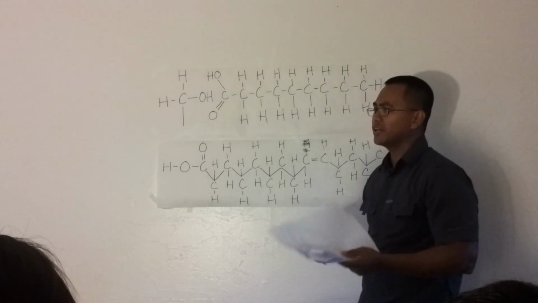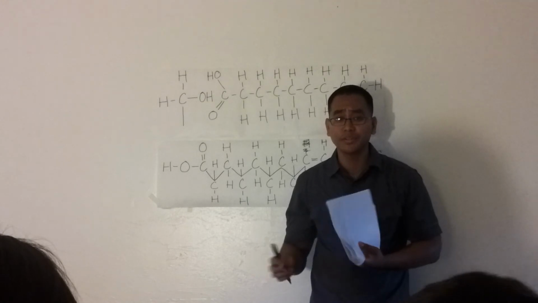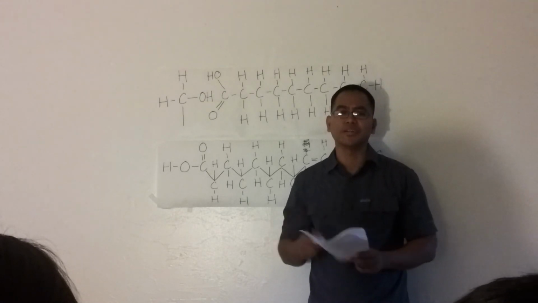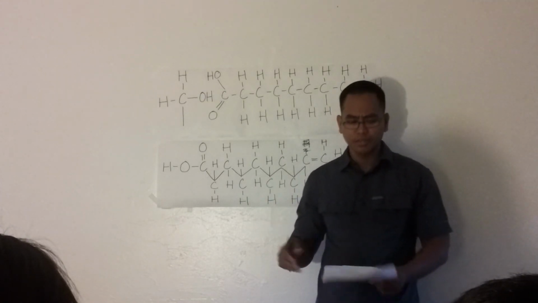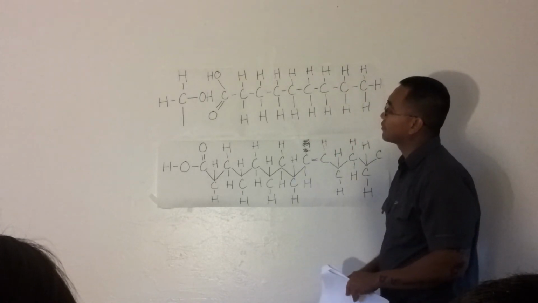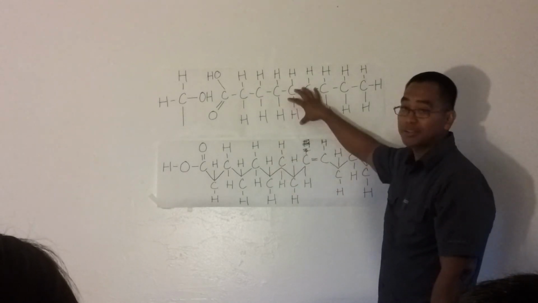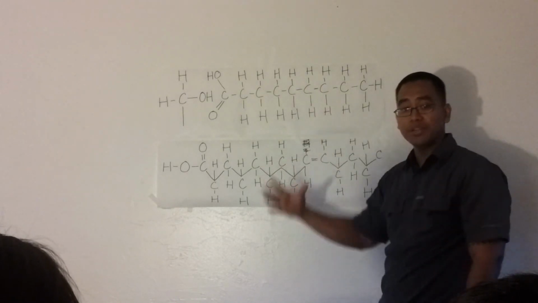Now, from here we're going to move along, and we're going to talk about the process of hydrogenation. Now, when you go to the market, you pick up a tub of margarine or butter, and you'll see hydrogenated. Now, what does hydrogenated mean? Hydrogenated is a process where they synthetically take unsaturated fat and turn it into a saturated fat. Now, for what reason?